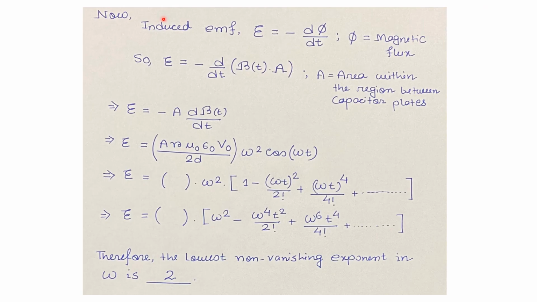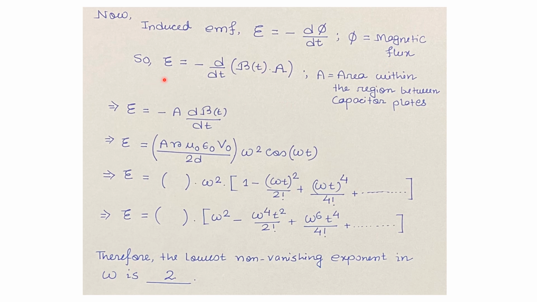Now, according to Faraday's law of electromagnetic induction, if a time varying magnetic flux exists in a region, then there will be an induced electromotive force, given by induced EMF E equals minus d phi by dt. Here phi is the time varying magnetic flux in the region.